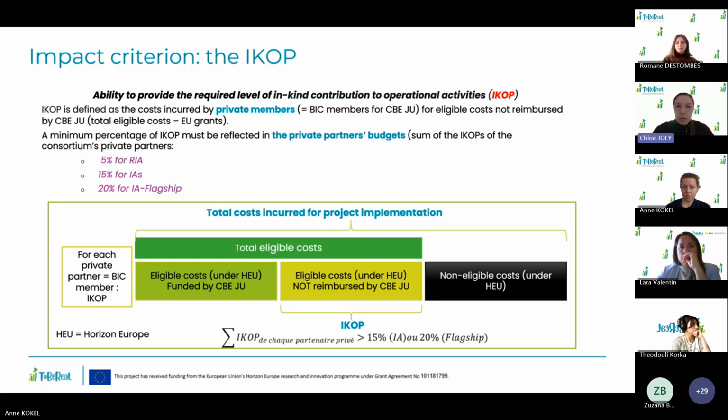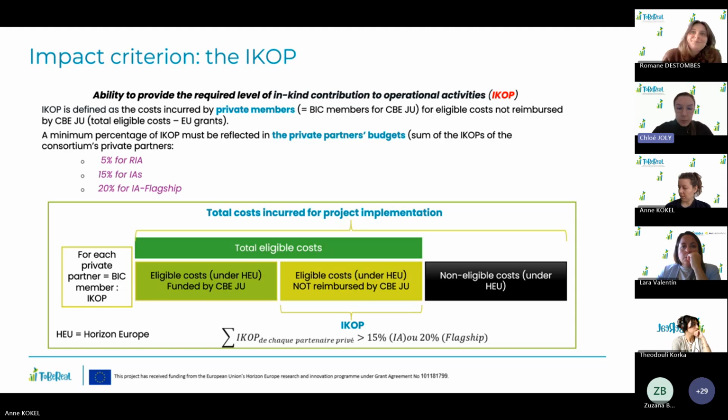Private members in CBE are defined as BIG members. So you have to include BIG members in your project, and they have to cover a minimum percentage of the in-kind contribution of your project.